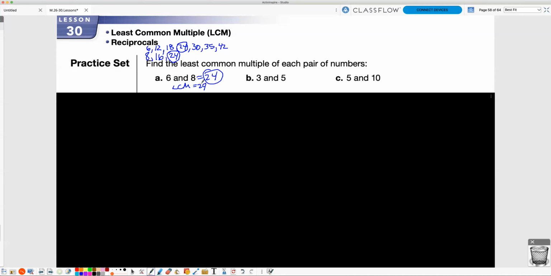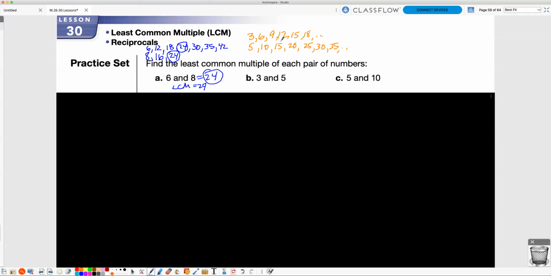Okay, and then letter B, 3 and 5. Let me just list those here. The multiples of 3 would be 3, 6, 9, 12, 15, 18, and it goes on to infinity. The multiples of 5 would be 5, 10, 15, 20, 25, 30, 35, and it goes on to infinity from there.